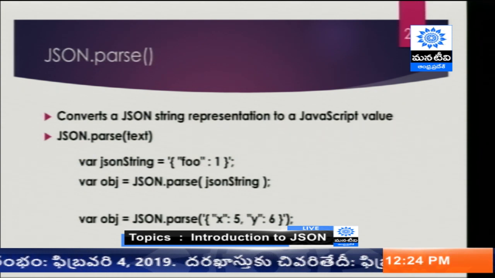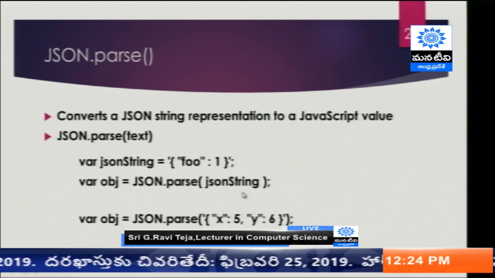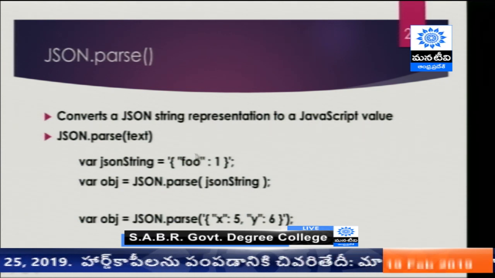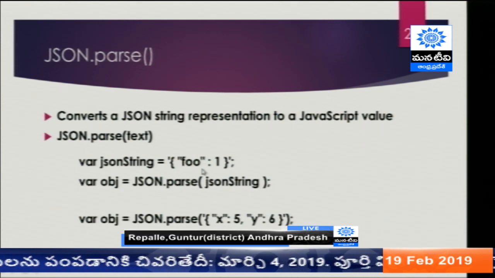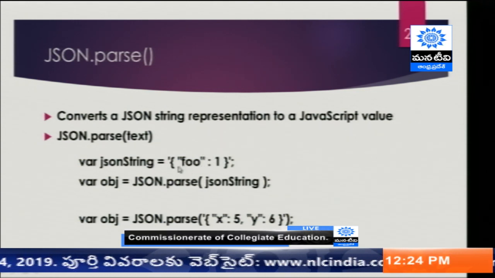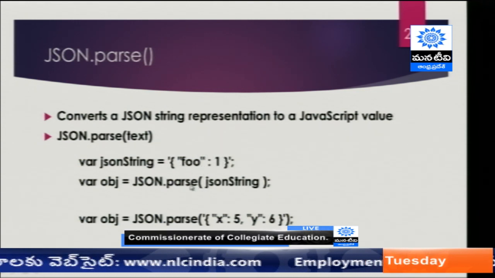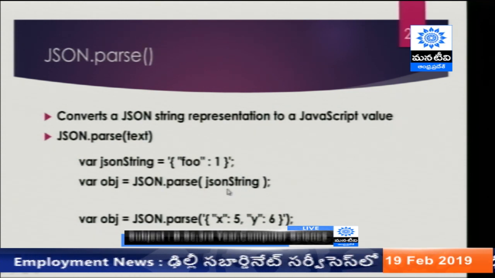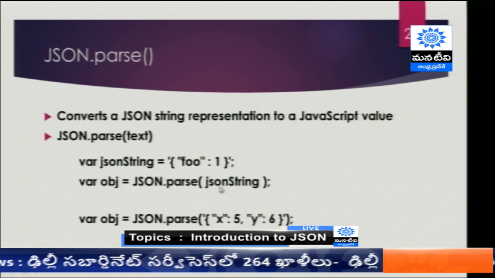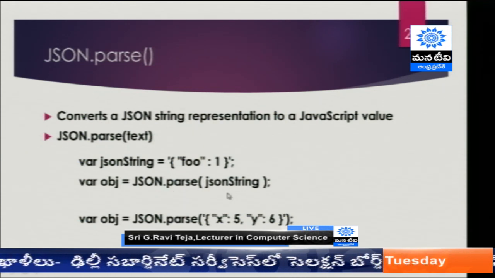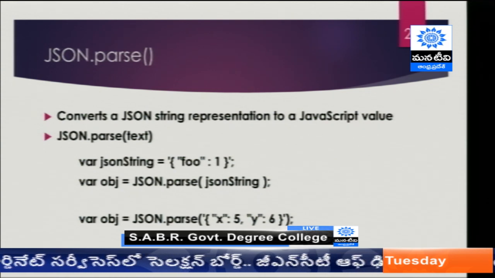Here you can verify we are parsing the particular string, and we are representing it in a JSON representation, that means in double quotes. Whatever we give to the parse method must be in a valid JSON notation. If we parse any invalid JSON object, then we get an error and we do not get any output.